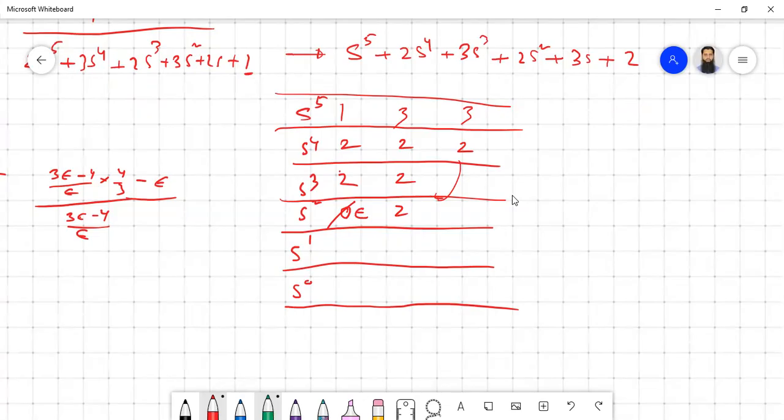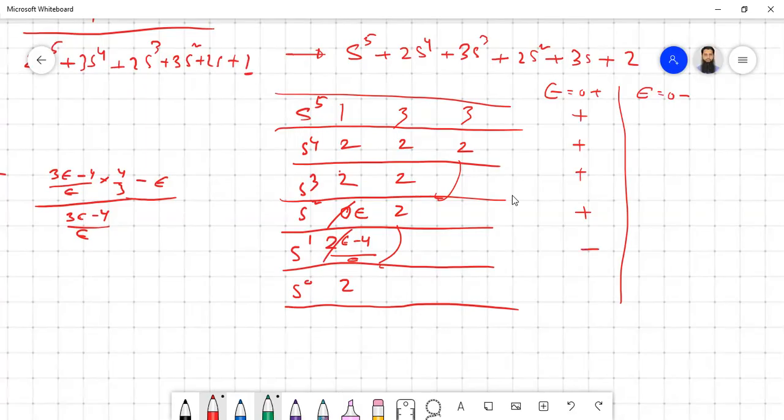Okay, so now it will be 2 epsilon minus 4 divided by epsilon. Then the 2 will be coming here. So it's a bit simpler than the first one. So epsilon equal to 0 plus, epsilon equal to 0 minus. First, for plus, epsilon itself is plus. So now here this parameter will vanish, because the quantity is very small, so minus 4 by a plus number, so minus and plus again.